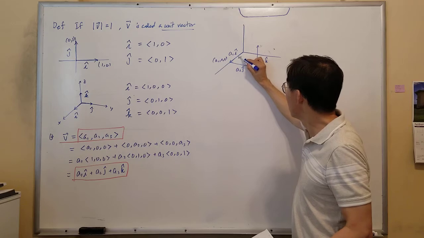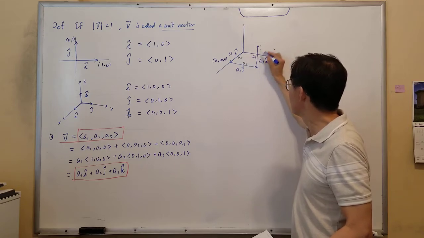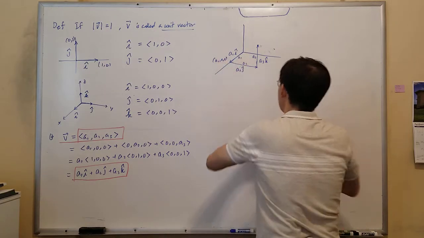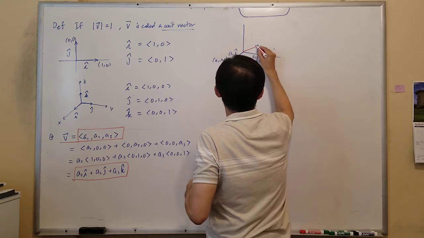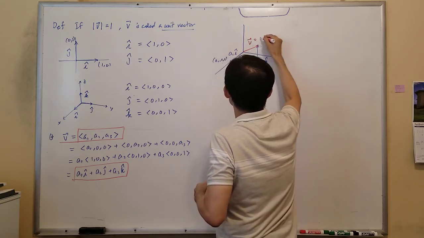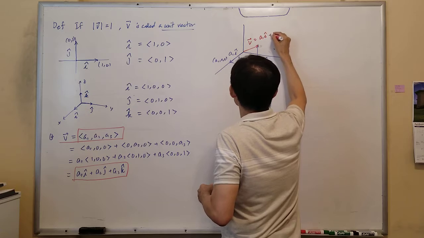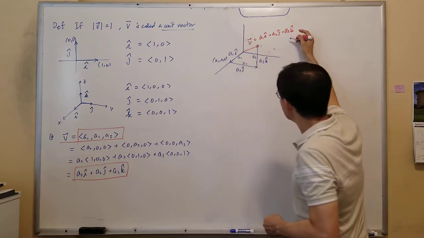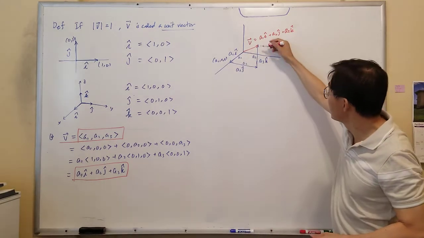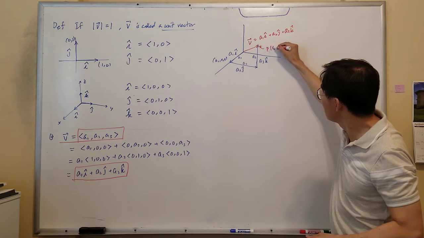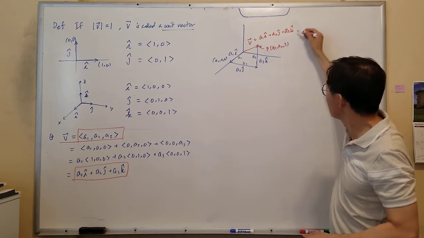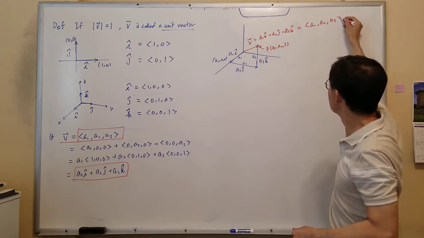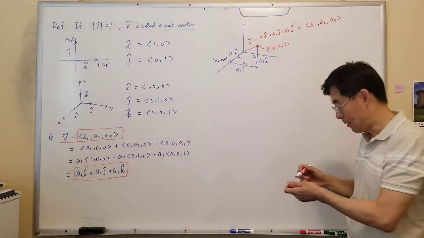That means this length is A3. And then with vector addition, back to back to back, this will be your vector V, that is A1 I plus A2 J plus A3 K. Just vector addition. Coordinate-wise, this point P is actually (A1, A2, A3). So in original component form, this is (A1, A2, A3), right? So they are the same thing.